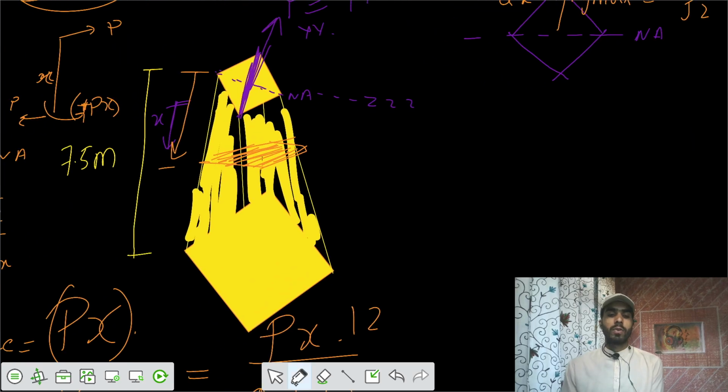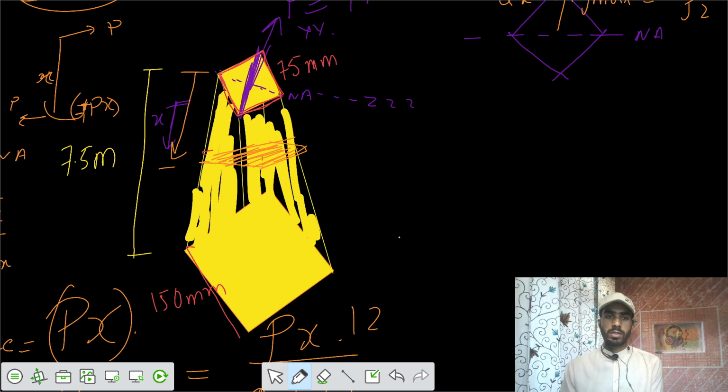Now we are provided with values that it's varying with the length: the square cross section varies from a side of 75 mm to a side of 150 mm.